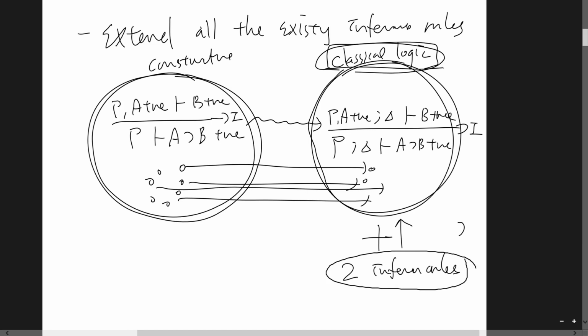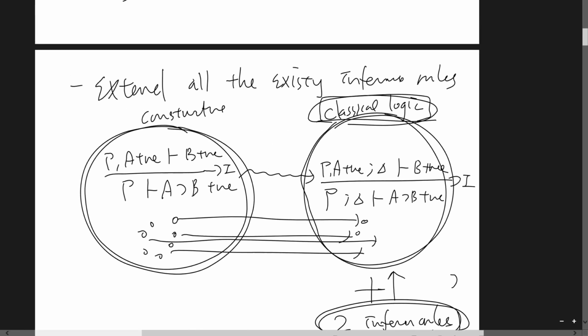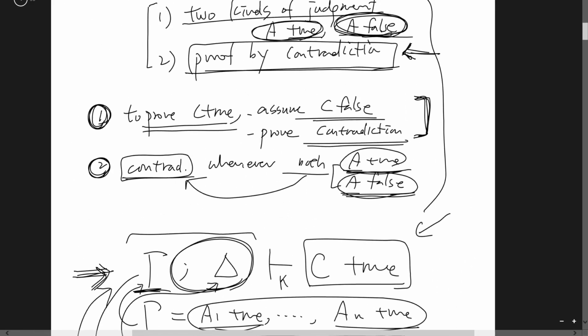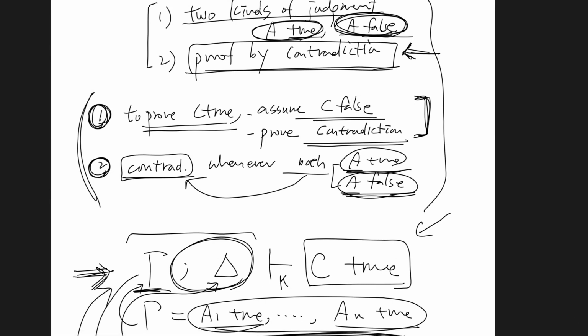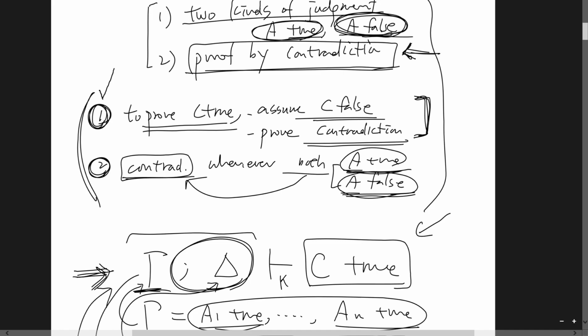Two inference rules. And these two inference rules capture the idea explained here. So we needed to introduce a new inference rule that allowed us to make a forced assumption when the goal is to prove C true.